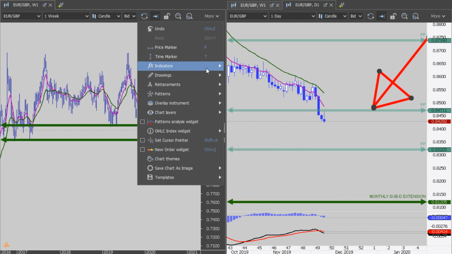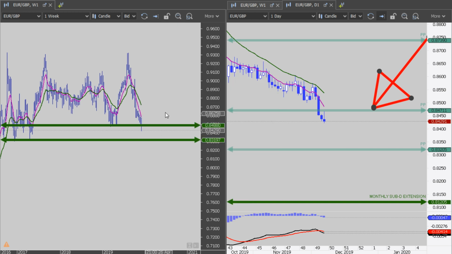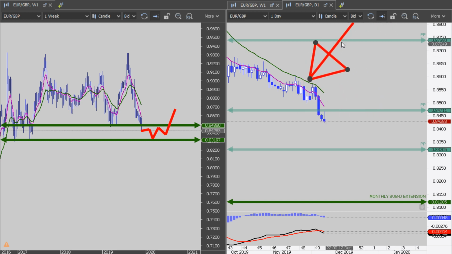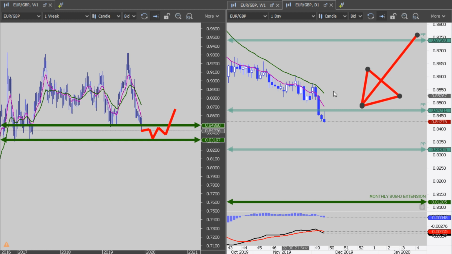Remember, we have Brexit. It's a fundamental risk on the GBP pairs. Finally, the market is going to hit the pivot point and then is going to reverse. So I'm going to see the exponential moving average cross for the upside, and this is going to be for me a signal to enter.